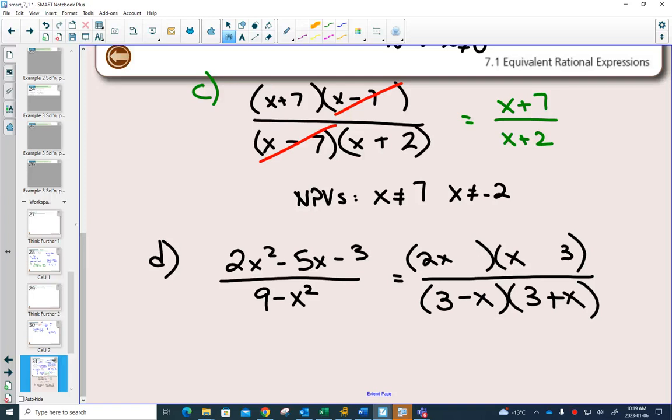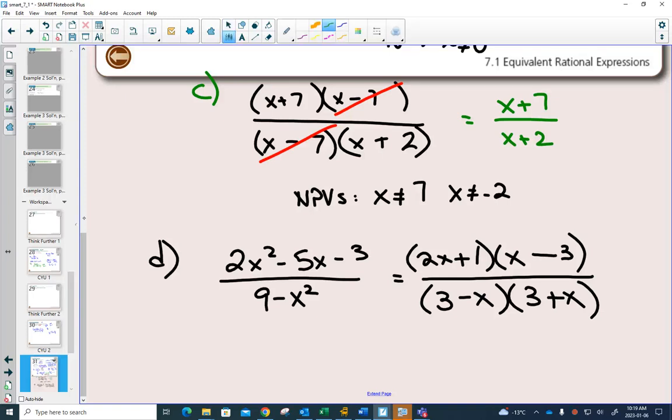So I'm going to need an x with a 3, most likely. So this would be my first guess. Now I'm going to check. Is it possible to get minus 5? Well, if my outside was minus 6 and my inside was plus 1, that would give me minus 5. Again, multiply it out when you're done to make sure that you're right.